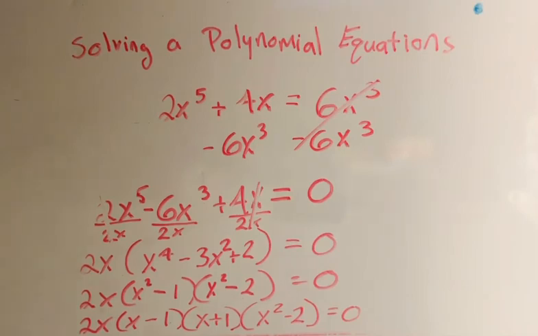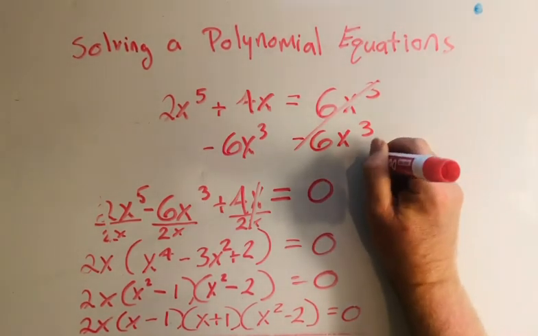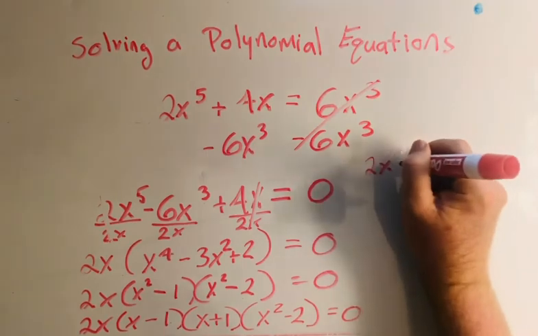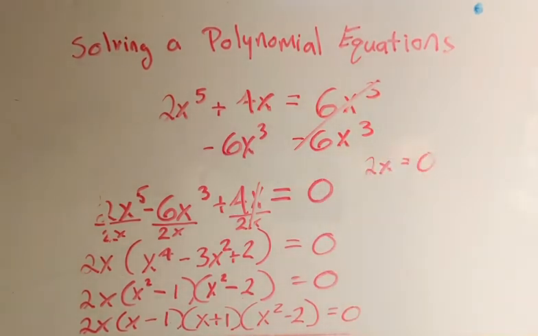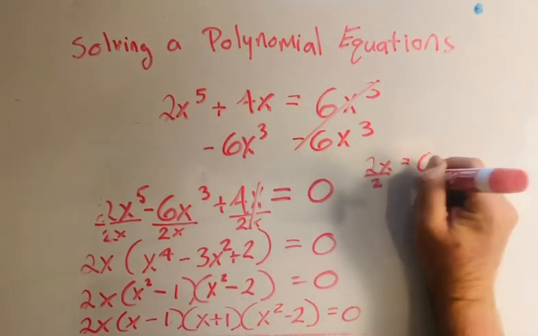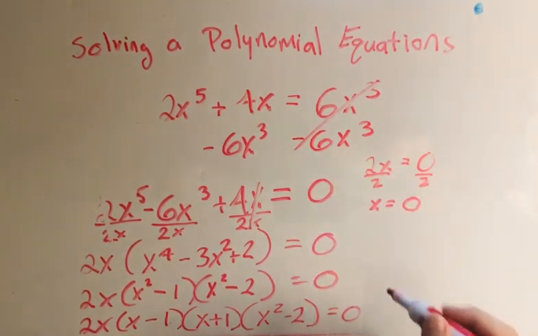Now we need to go through each piece here and set it equal to 0. So I'm going to do that up here. I'll do 2x equals 0. We'll do that one first. Divide by 2, divide by 2, x equals 0. First one is x equals 0.